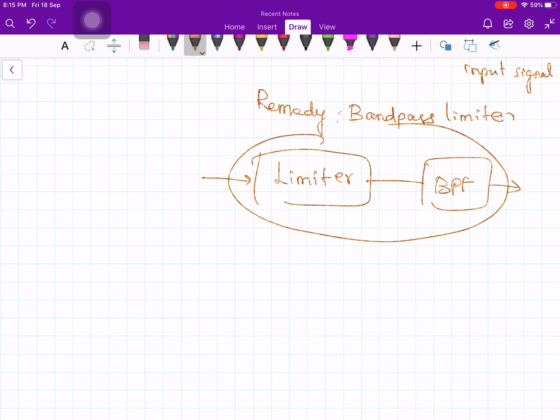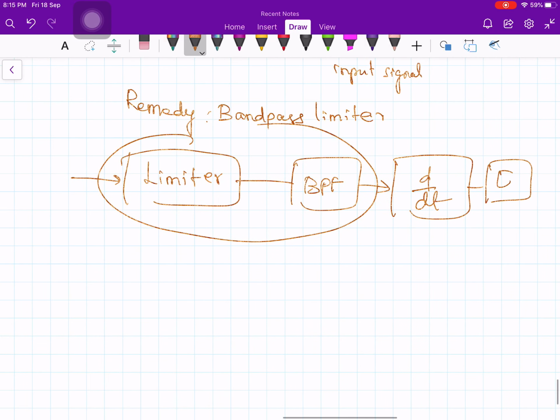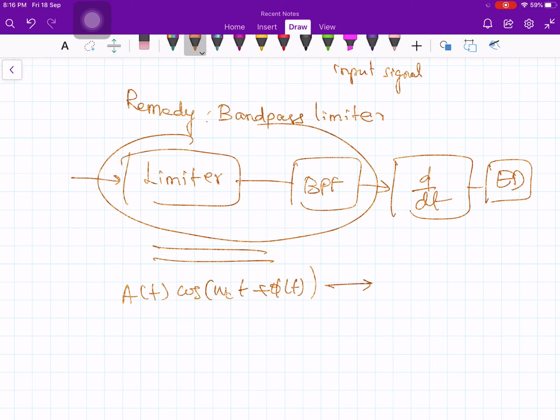Therefore, before you pass the FM signal for demodulation, that means your d by dt and envelope detector, you must pass it through the bandpass filter. The purpose is to convert the input signal into a constant amplitude signal. So A of t cos of omega ct plus phi of t to A times cos of omega ct plus phi of t. That is the purpose of your bandpass limiter.